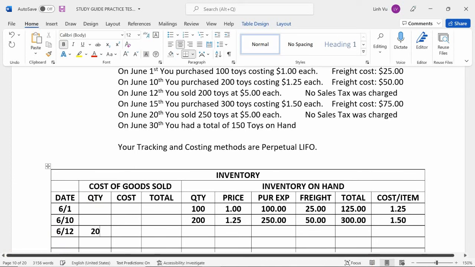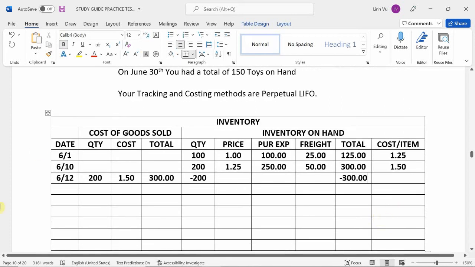We're going to take out from the last batch of 200 at $1.50, which we already know since we're going to get rid of the entire thing. That cost me $300. So then this whole entire thing's wiped out.